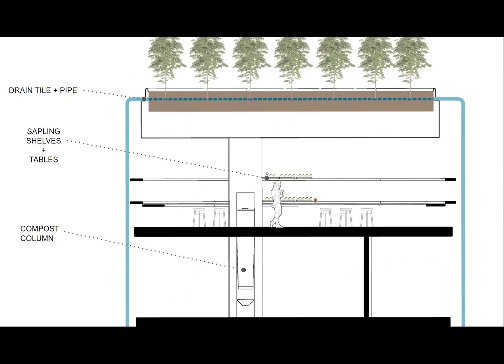It runs between the second floor and the ground floor. The second floor would be the cafeteria area, and the column contains the composting bin.